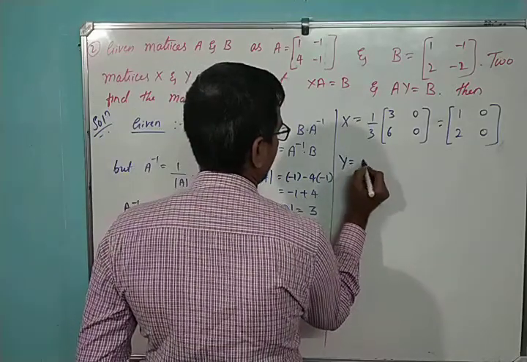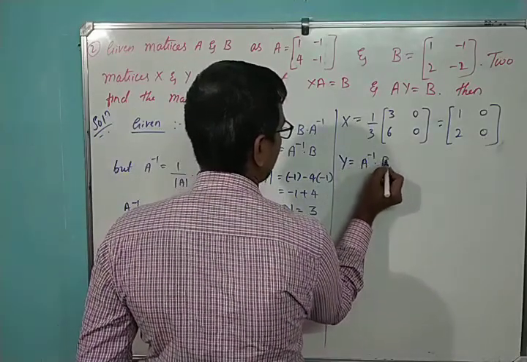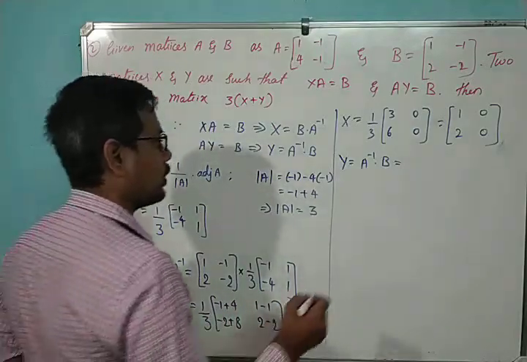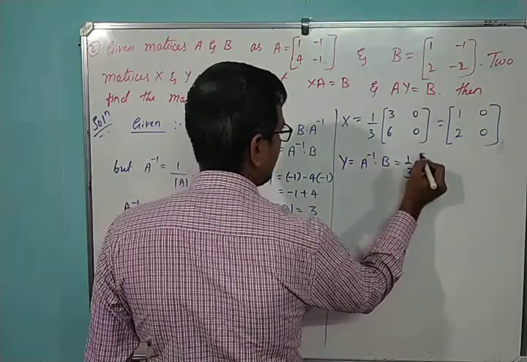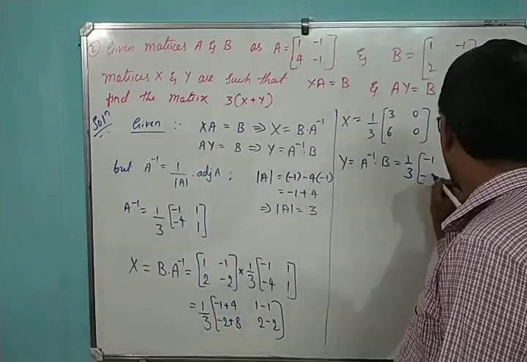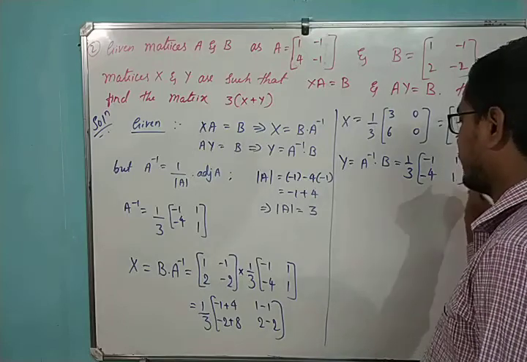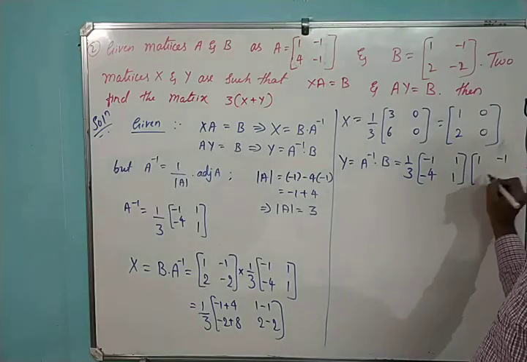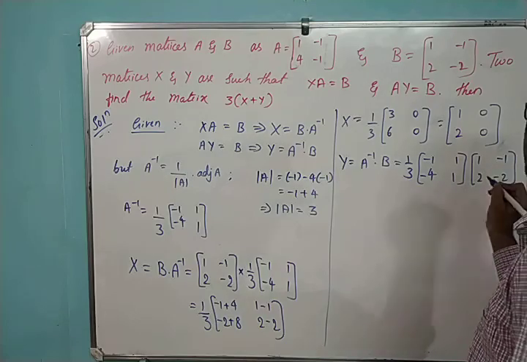Y is A inverse into B. Right? So what is A inverse? 1 upon 3 into minus 1, 1, minus 4, 1. This is A inverse into B, and B is 1, minus 1, 2, minus 2.